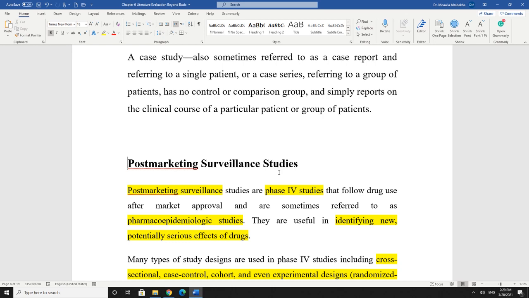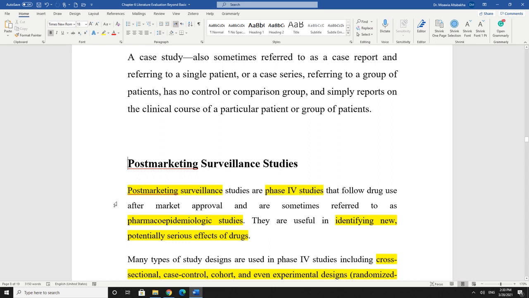Also, maybe the adverse effect appears in clinical phases, but is not accurately determined because it is rare. Okay, so now in post-marketing it can be accurately determined.